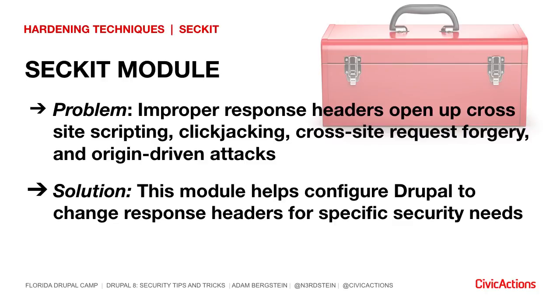This module provides almost a series of checkboxes, like bing, bing, bing, I want to do this. It's really easy to configure. This might be the only one that I would say is super generic and useful.